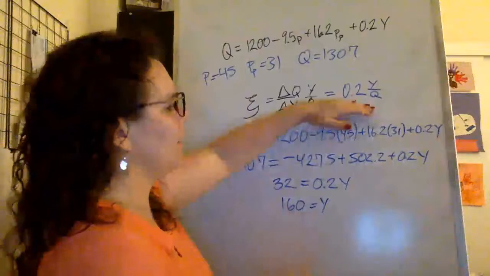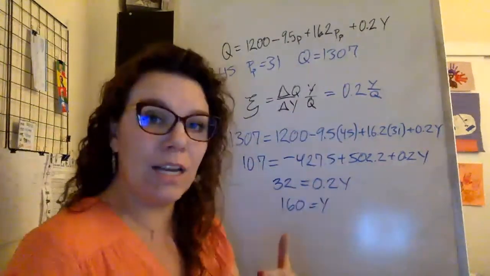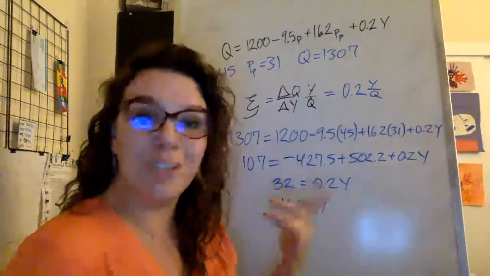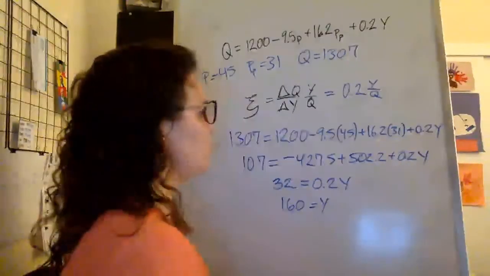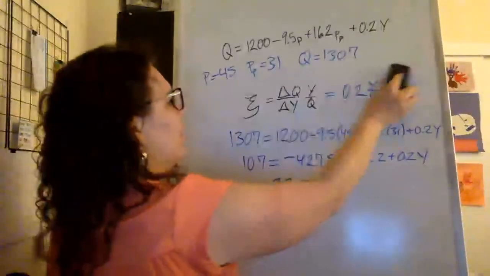Now I can go back up here and insert that into my equation and solve for the income elasticity of coconut oil according to this paper. So now let's take this and rewrite it, right?